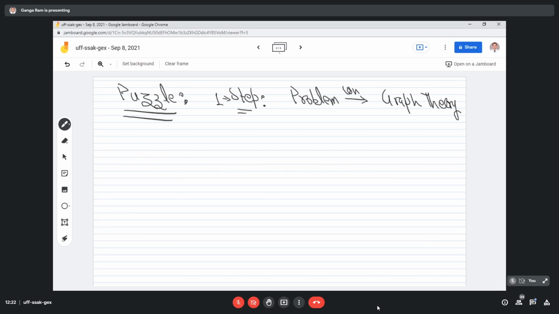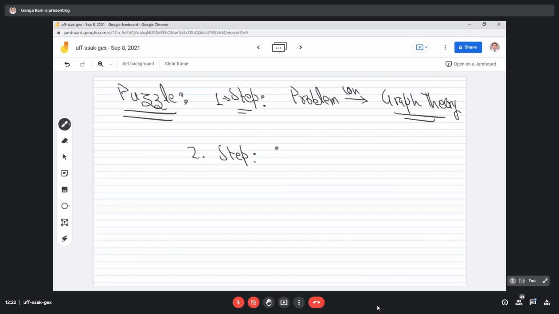In the second step, now the problem is a graph theory problem. The graph theory problem is then solved.